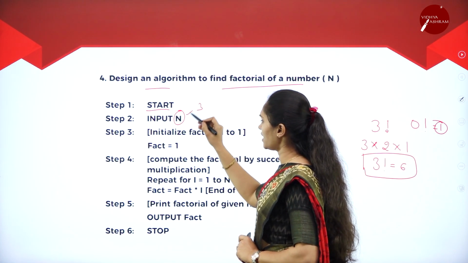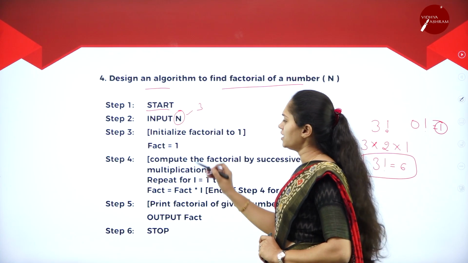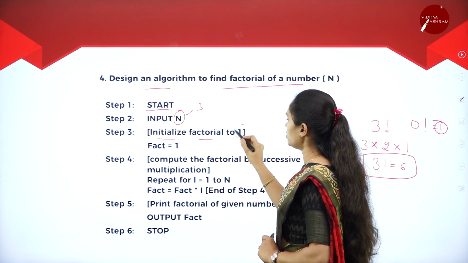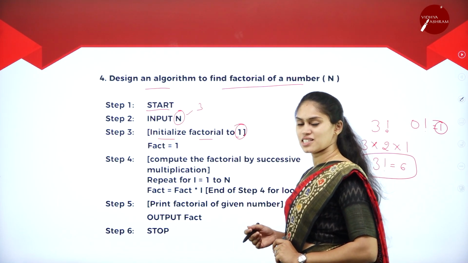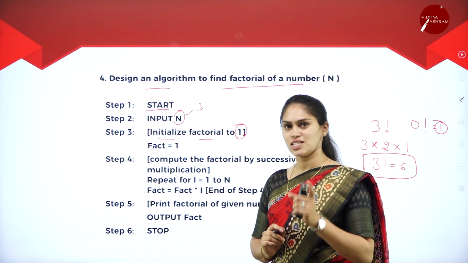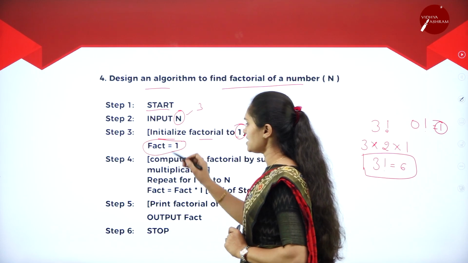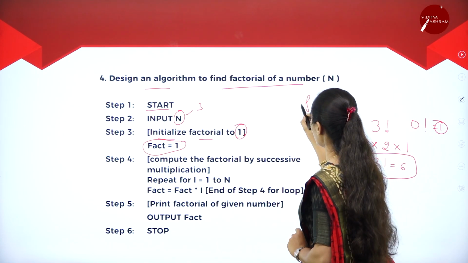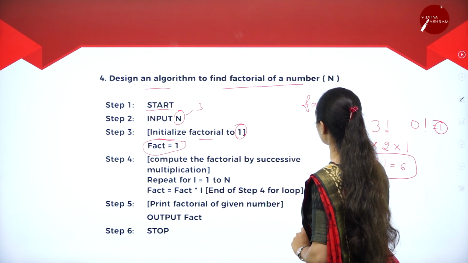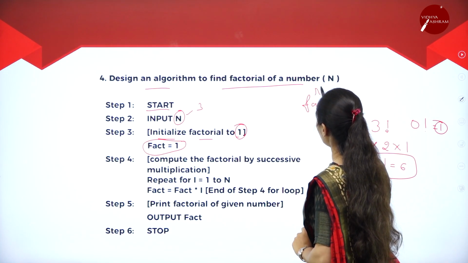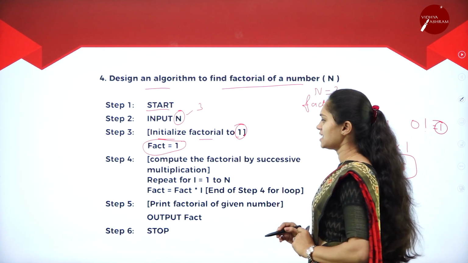Here I have taken n as 3. Then initialize the factorial to 1. As I discussed, factorial of 0 is always equal to 1, so here we are initializing fact as 1. So fact is equal to 1. Then I have taken a value for n as 3.